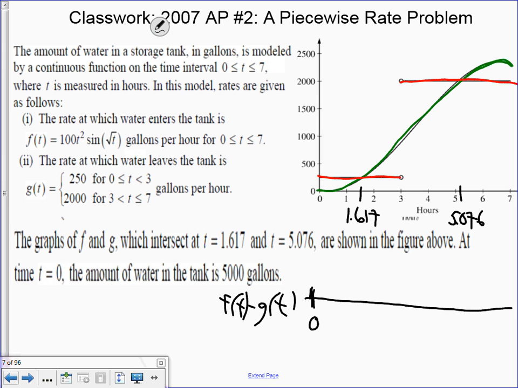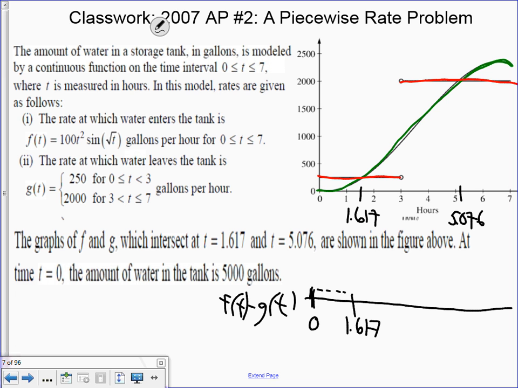I'm going right to 1.617 since they were kind enough. Now between 0 and 1.617, is rate in minus rate out positive or negative? Negative. Okay, so definitely it's negative on those.